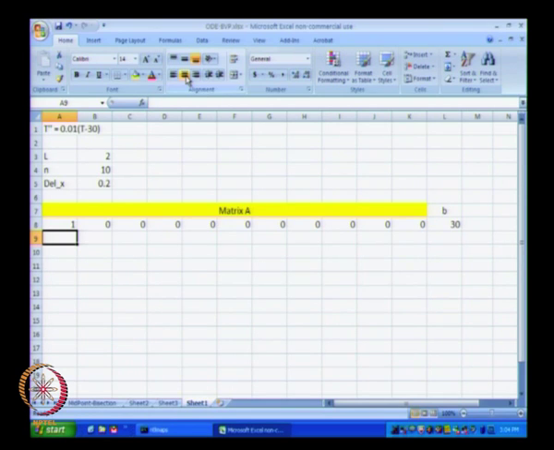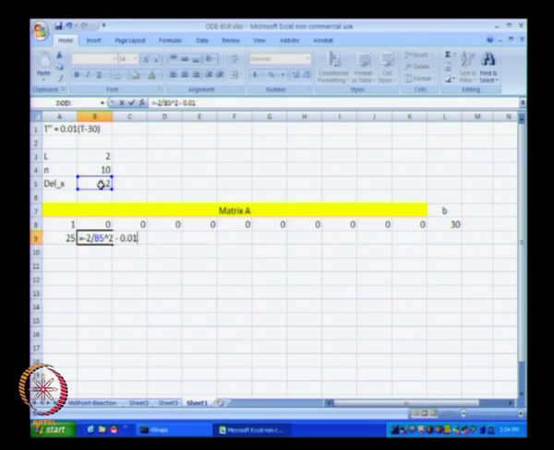It is 1 by delta x squared, so it is going to be 1 divided by del x squared. That is going to be this value. The next value is going to be minus 2 divided by del x squared minus 0.01.